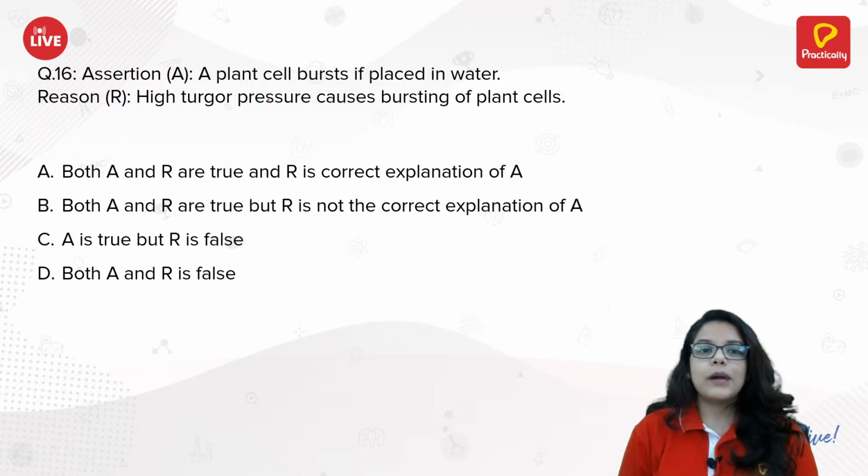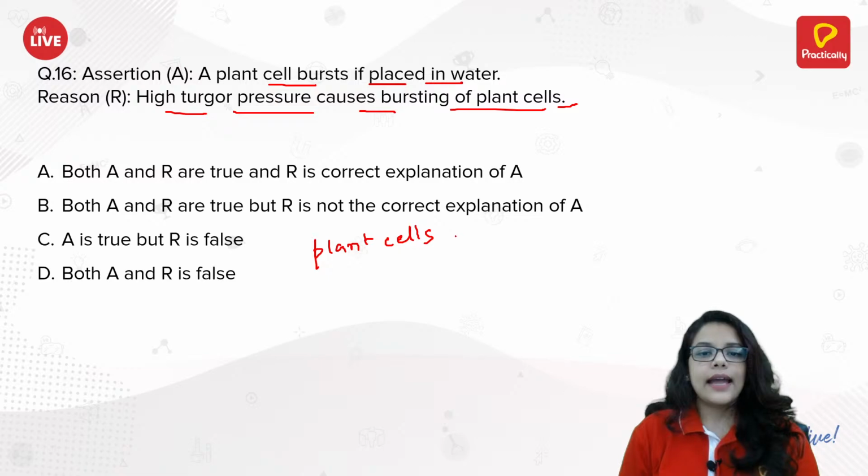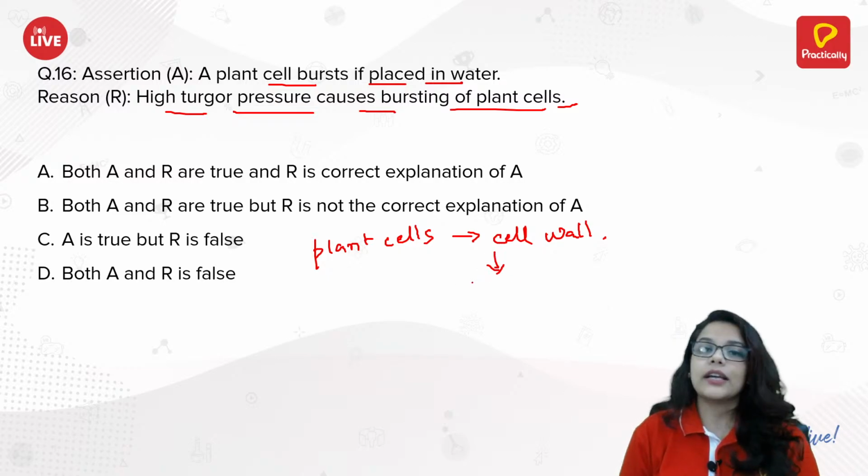Now, a plant cell bursts if placed in water. High turgor pressure causes bursting of plant cells. Okay, see, very easy. Plant cells actually have a cell wall. Now this cell wall is actually kind of miraculous in nature.